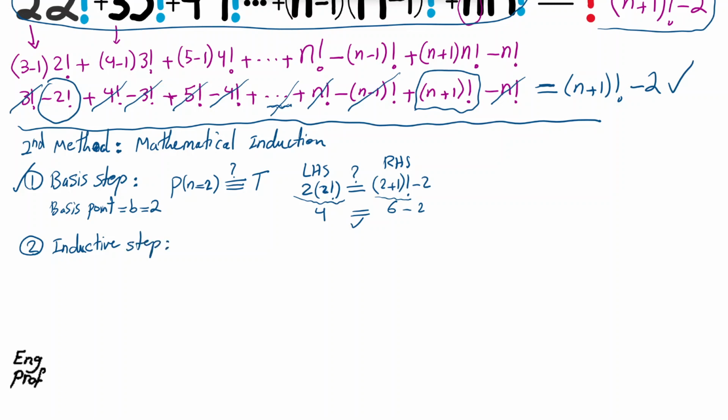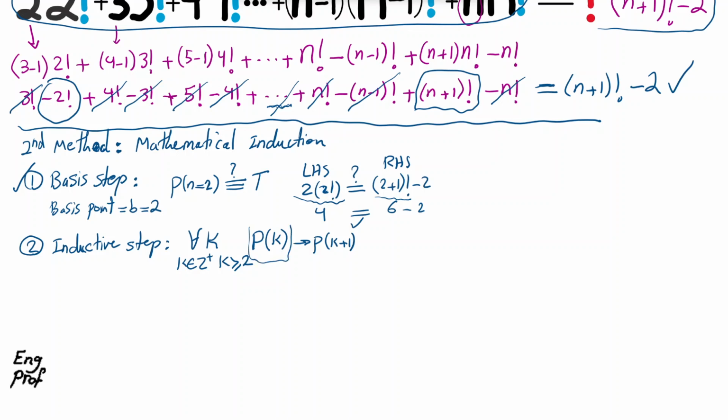We are saying that for any integer k, if k belongs to the set of positive integers, and k is greater than or equal to 2, because the basis step is 2, the smallest value that we can assume is 2, then assume that the left hand side equals the right hand side for k, then prove that the left hand side is equal to the right hand side for k plus 1. That is what the mathematical induction is saying.